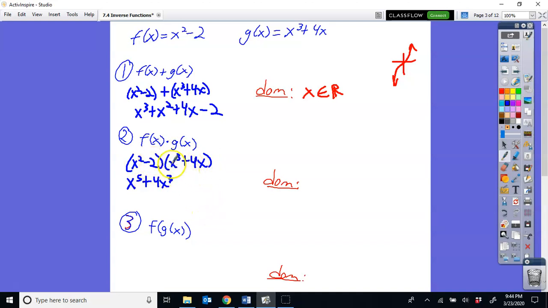Negative 2 times x cubed, negative 2x cubed. And then negative 2 times 4x, that's negative 8x.